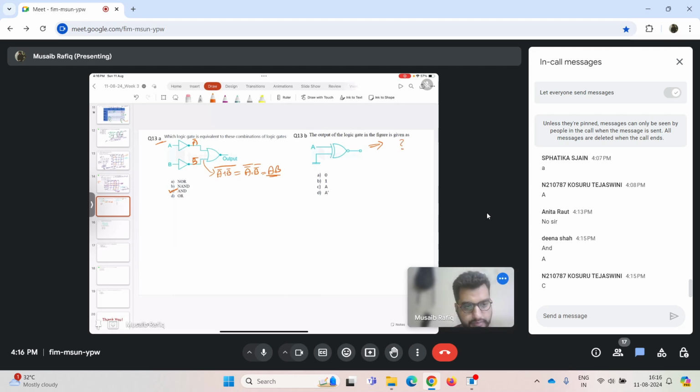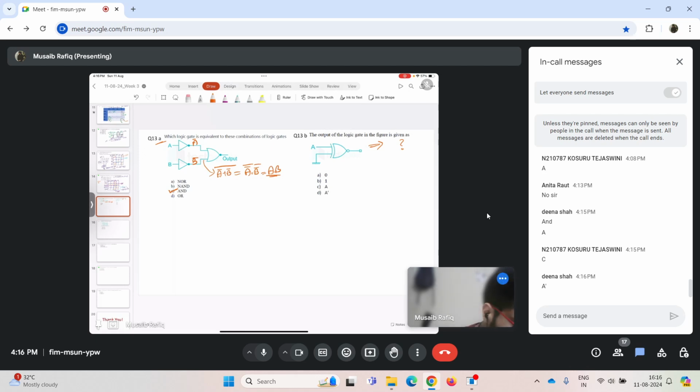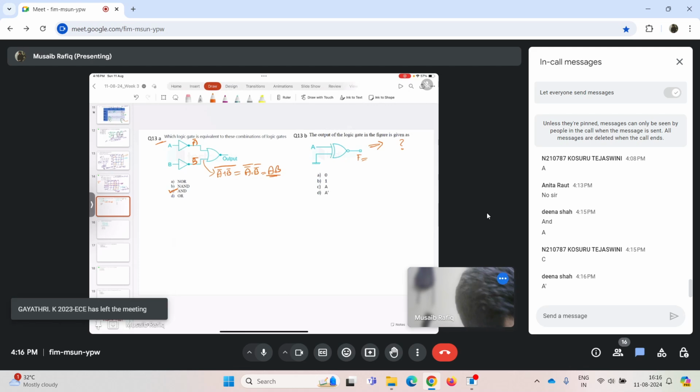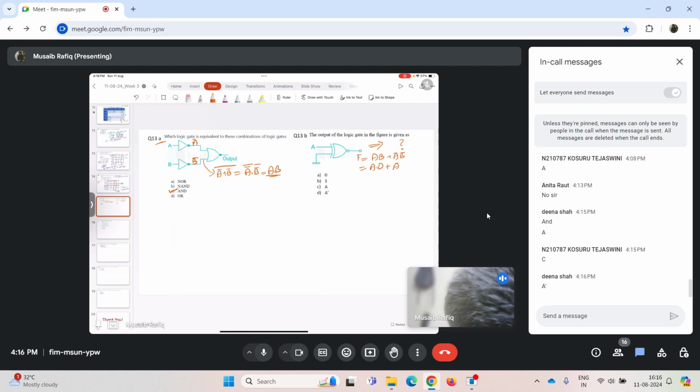Anyone? Yes, A bar. So basically it's a XNOR gate. F will be equal to A bar AB plus A bar B bar. So A is A and B is 0. So it's A dot 0 plus A bar. B is 0, so it will be 1. So it will be A bar. F is equal to A bar.